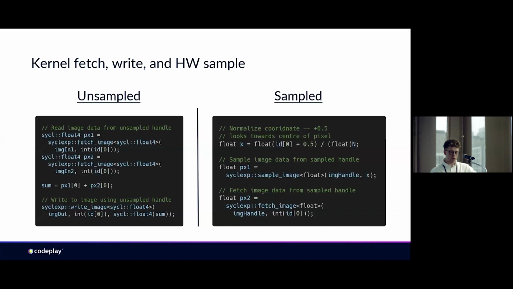So the thing to note here is that unsampled images are indexed with integer coordinates, while sampled images can be indexed with both floating point coordinates and integer coordinates. So fetch image essentially represents fetching the data from the image without applying any sampling capabilities. So you can do this with a sampled image. It will simply ignore the sampler and just return the data unfiltered. Whereas sample image obviously does sampling.